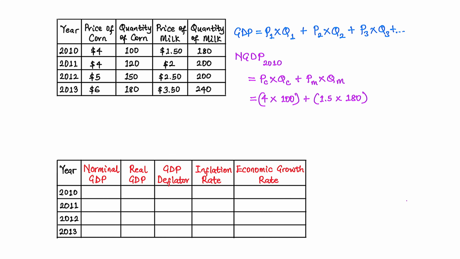So simplifying, we have 4 times 100, that's 400, plus 1.5 times 180, that's 270. The sum equals 670. So the value of the nominal GDP in 2010 is 670.